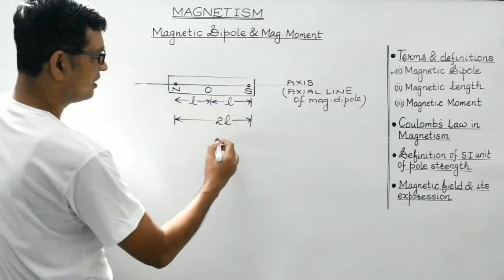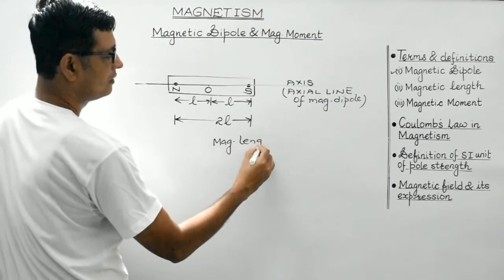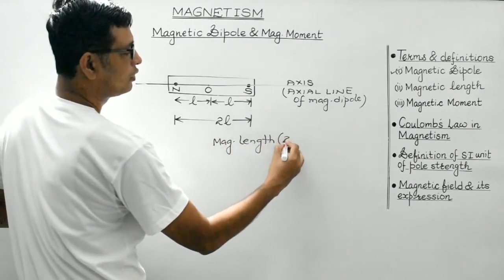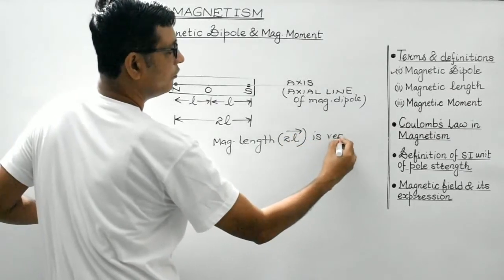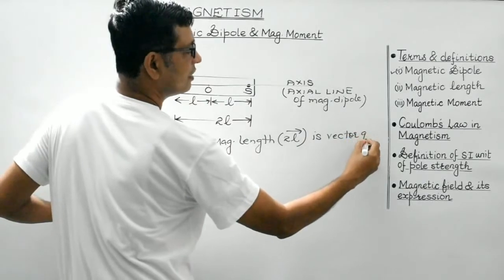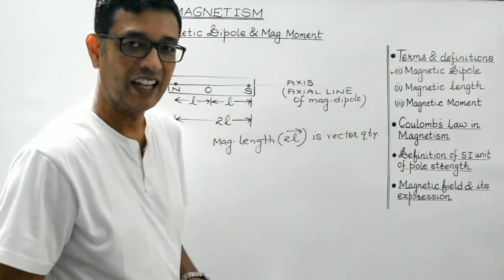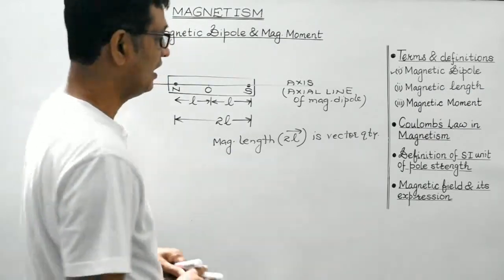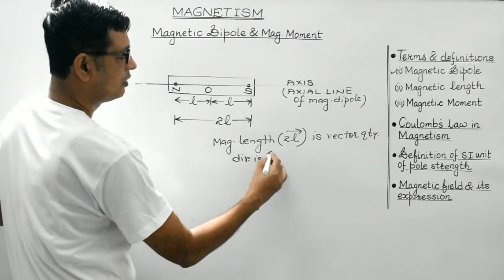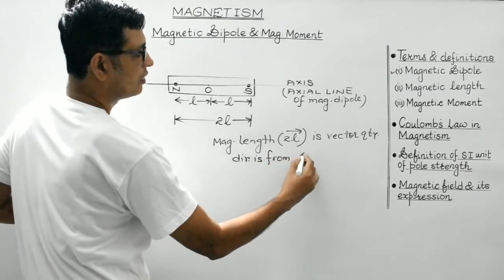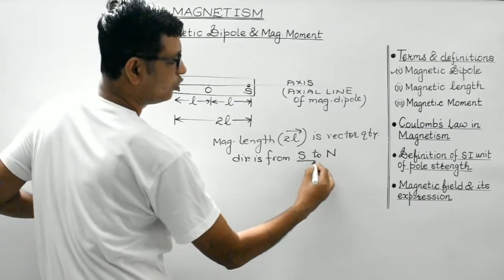Point to be noted is that the magnetic length, that is 2L, is a vector quantity. That is, it must possess both magnitude as well as direction. And its direction is from south to north. Please do remember this.